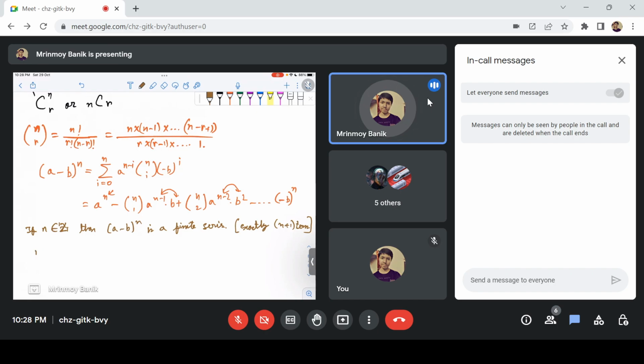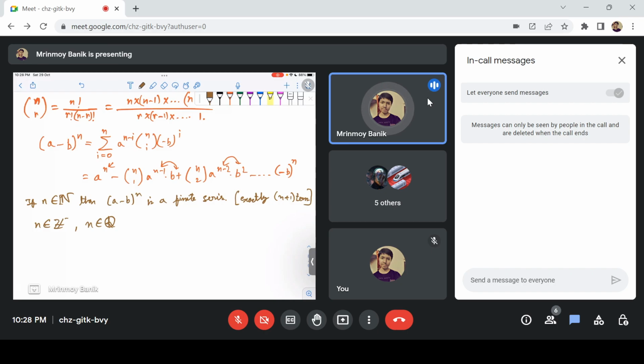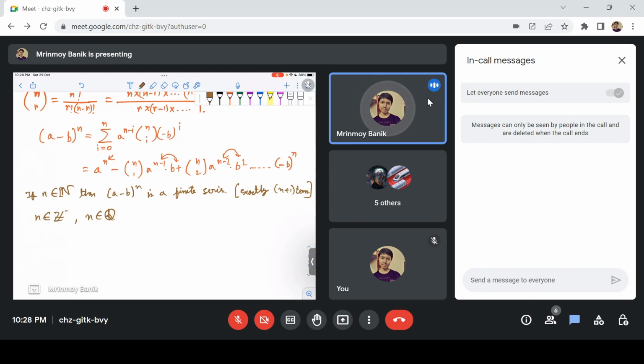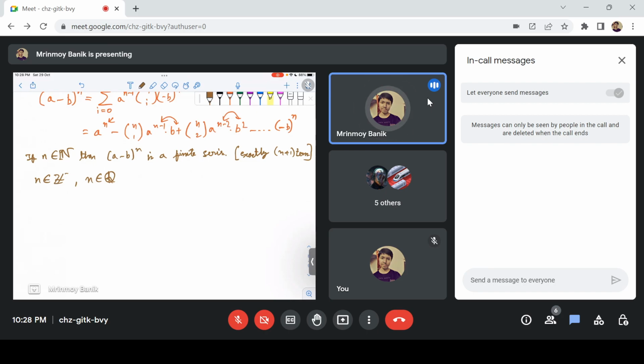But what if n is not an integer? Sorry, it has to be a positive integer, so a natural number. If it's a negative integer, then this expansion can be modified to have infinitely many terms. Similarly, if it's a fraction, like if it's rational. I'm not going into all those details for now. Let's move on to the sum of binomial coefficients.